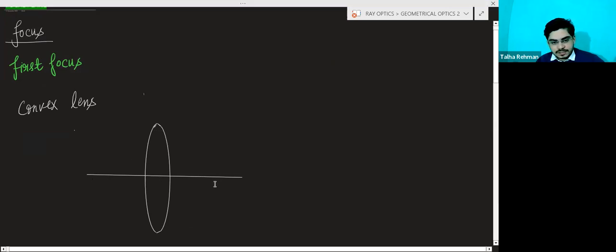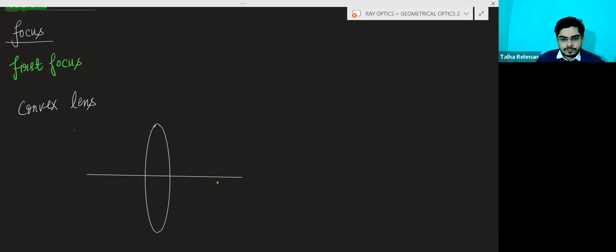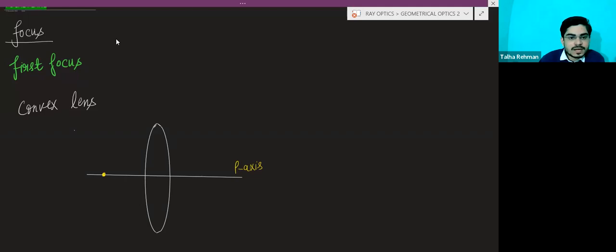This is the principal axis. This line is the principal axis. So the first focus is defined as, suppose this is some point, and from this point the rays are like this.